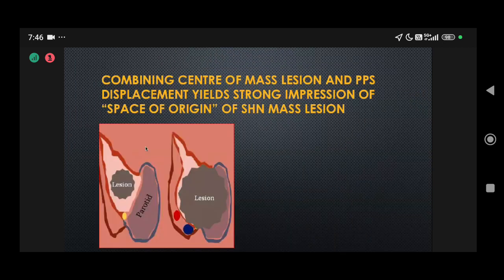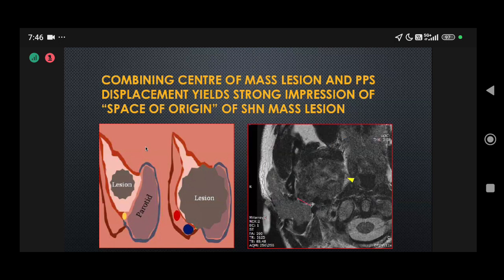So here the important anatomical clue is that whenever we combine the center of the mass lesion and the displacement of the parapharyngeal fat, it yields a strong impression of the space of origin of a supra-hyoid neck mass lesion. Here the mass is displacing the fat medially.